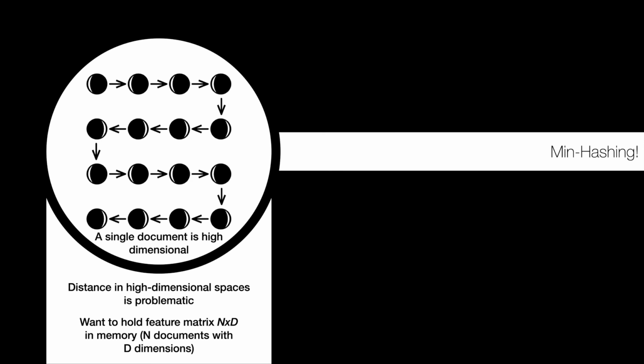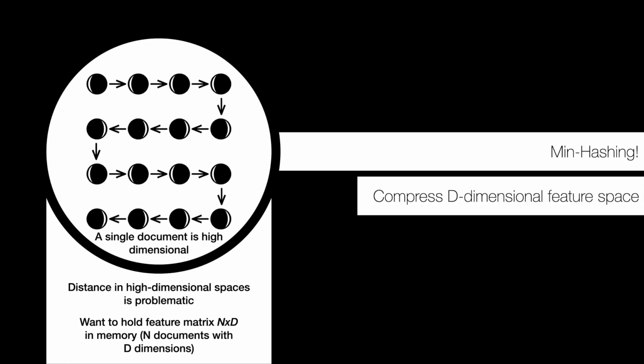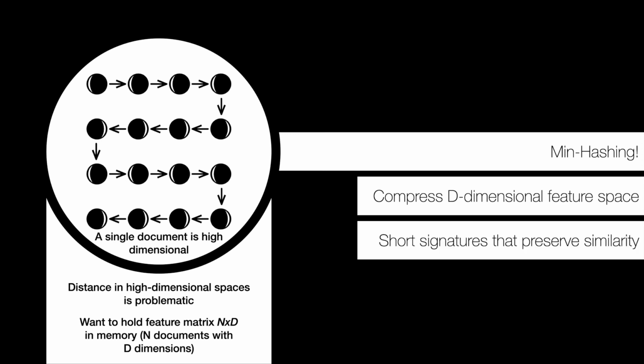So we'll address this one about the documents having high dimensionality. Here we'll talk about an example of using MinHashing, which allows us to compress these feature spaces into a smaller dimensional space. That works well when we're talking about data sets of sets. And the key insight here is these compressed feature spaces maintain or preserve similarity among two objects.